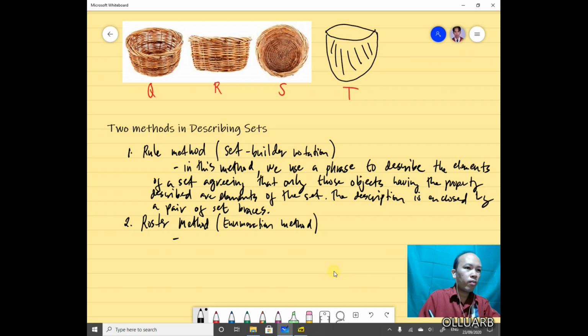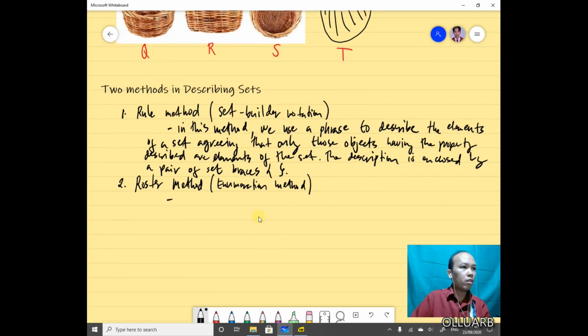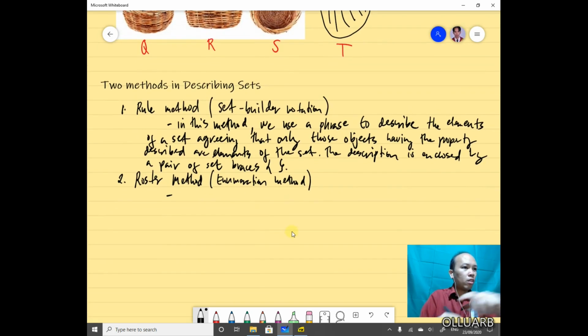Okay, sorry, these braces. Okay, so before I give an example, I will define the notation for the roster method first.